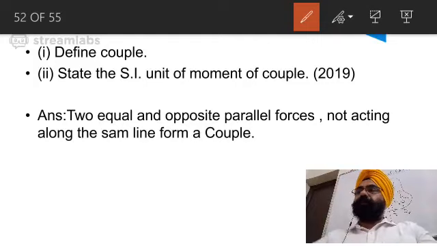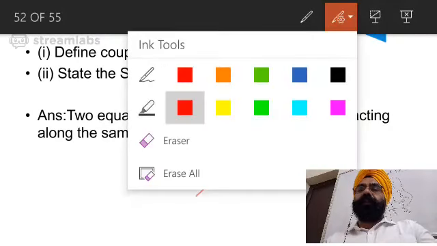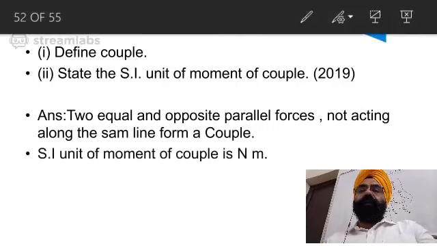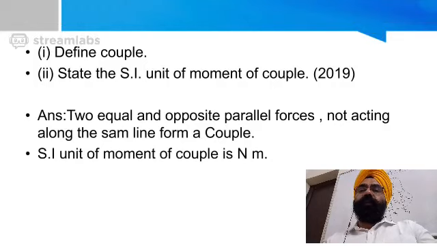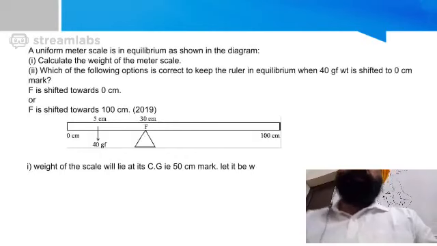Piyush Kumar Gupta, that's the right answer. It will be Newton meter, the SI unit. Okay, I go to the next slide. Let me undo this, otherwise it will become permanent. So the SI unit of moment of couple is Newton meters. Piyush has already answered. We can do a question.